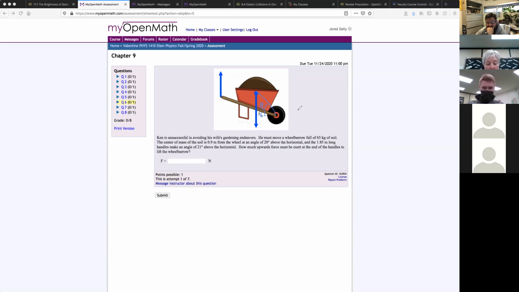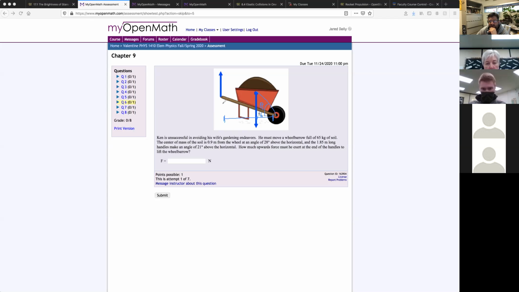Essentially I use that the force in is going to equal the force out times the length out divided by the length in. And that is true as long as you're using the length this way. And so you end up having to use the sine or the cosine in this case, actually.